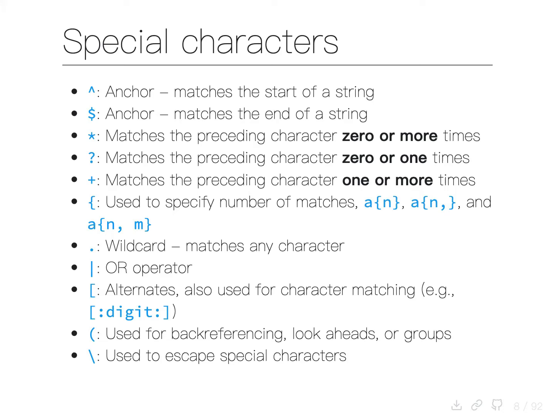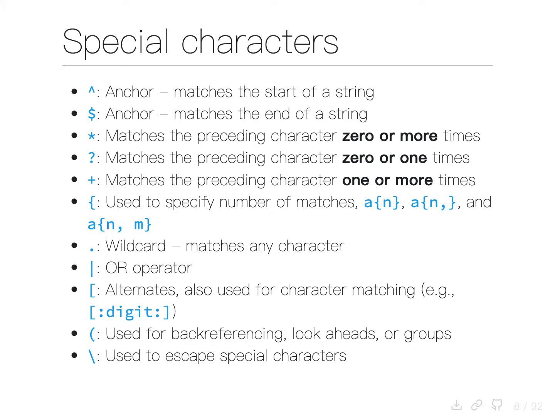For example, if you add the little caret at the start, that's going to mean starts with, okay? So if you do caret A, then it's going to look for any word that starts with A, but it won't match anything that doesn't start with A. So if you had AB, it would match that, but if you had BA, it would not match that, okay? Whereas if you just had A, it would match both of those.